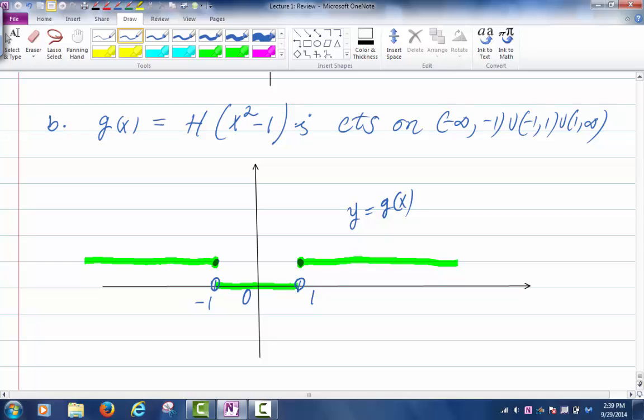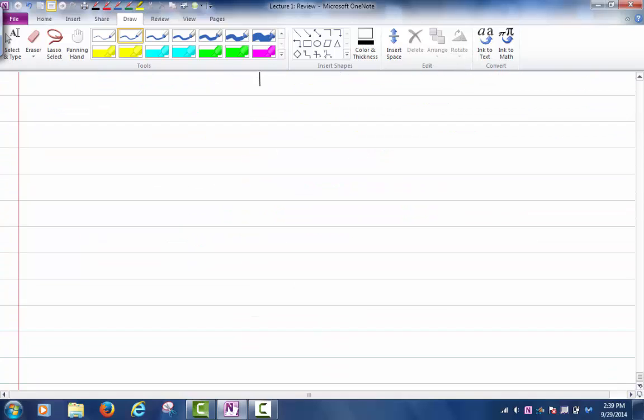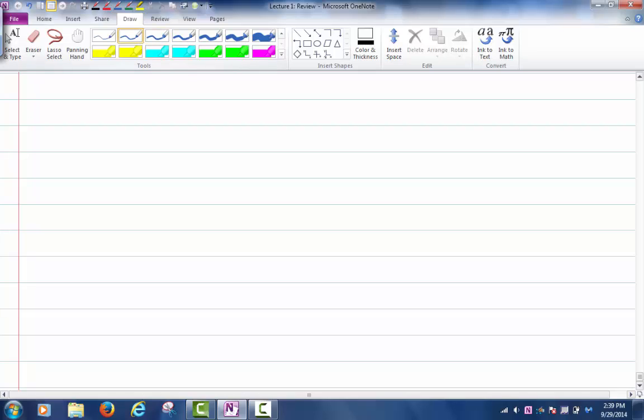Okay, so that's that. Here's another theorem.